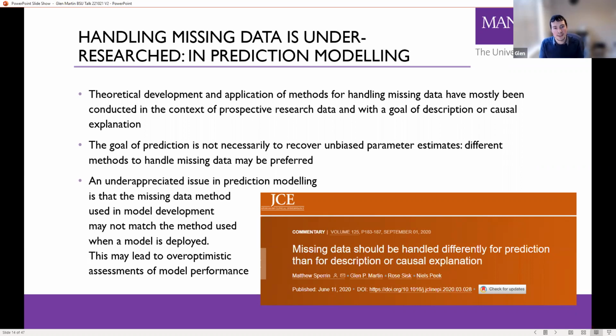Another underappreciated issue, particularly in the context of prediction modeling, is that the missing data method, the approach that we use to handle missing data when we come to develop the model, may not match when the model is actually implemented in clinical practice. So if we develop and test a model using multiple imputation, oftentimes multiple imputation wouldn't then be used when we implement the model.